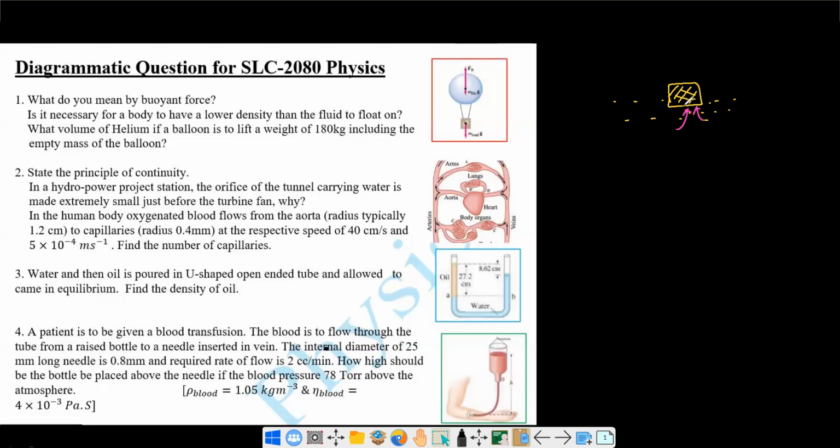The reason for this buoyant force is that initially up to this level there was fluid, but the object displaces this amount of fluid from here. So as a reaction, the liquid will push the object in the upward direction. This kind of force is called a buoyant force.